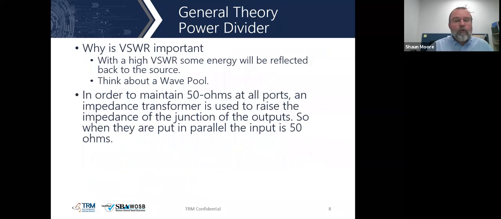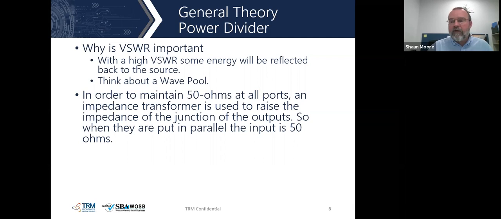Yeah, so VSWR is a measure of the efficiency of how well the energy is transferred. VSWR stands for voltage standing wave ratio, and to visualize it, a wave crossing the ocean is a good analogy.